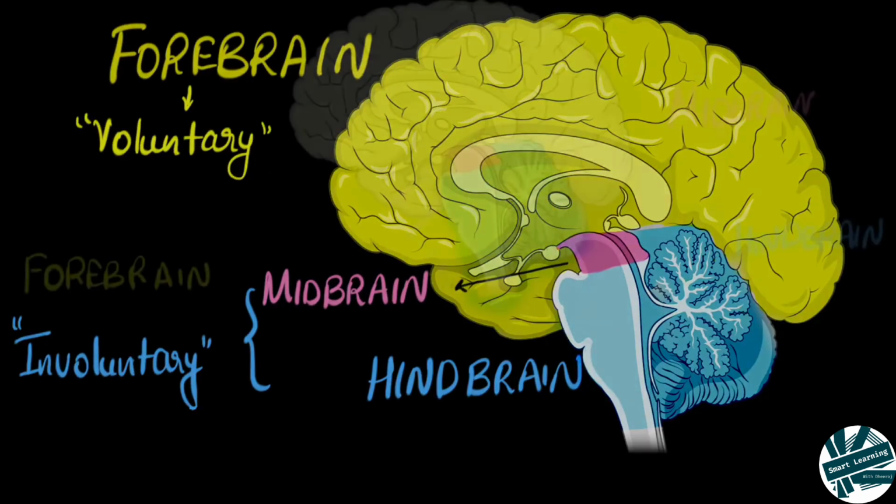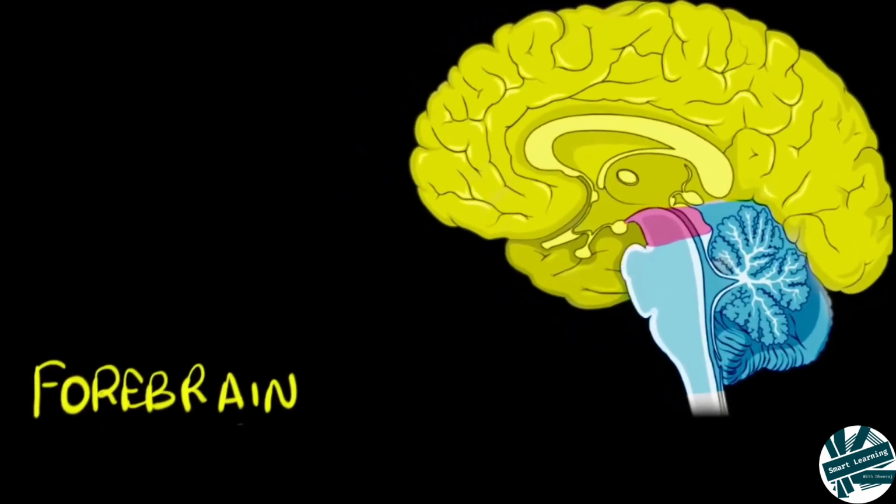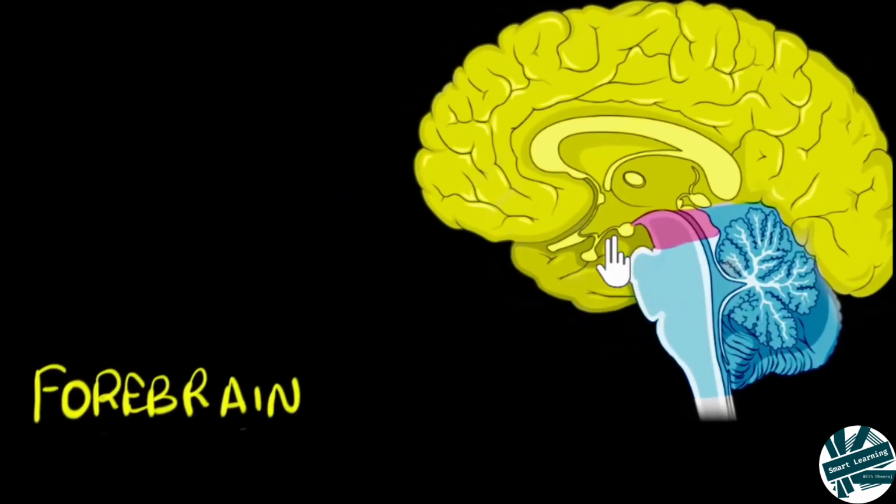With this in mind, let's look at the functions and the parts in a little bit more detail. So let's zoom out a little bit, and I've made some space so that we can write more parts. Let's start with the forebrain. If you look at the forebrain, you can again see two sections of it. The outer section, which contains a lot of folds, and the inner section. Let me shade that inner section a little bit darker so we can identify it.